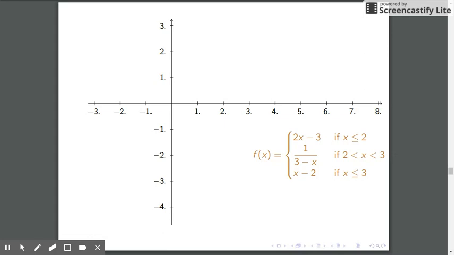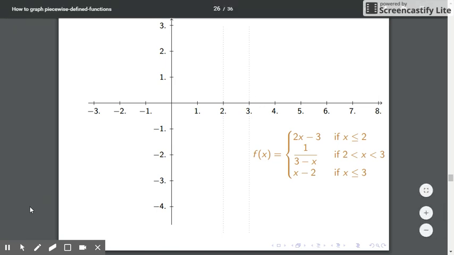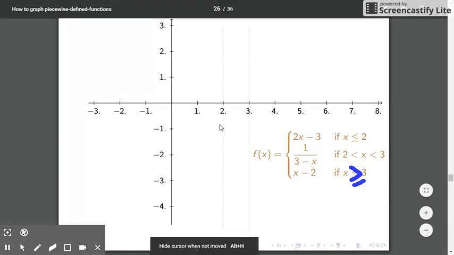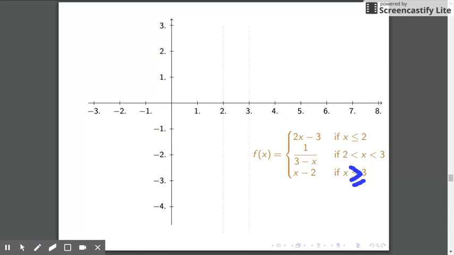So we have the plane. Let's use our cutoffs to actually graph the function. First thing, we put in the two vertical lines. One vertical line at x equal to 2, another vertical line at x equal to 3.